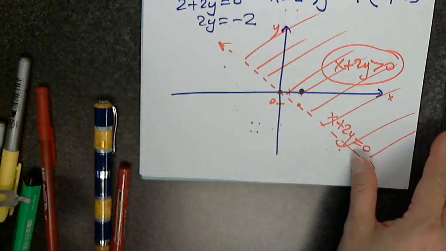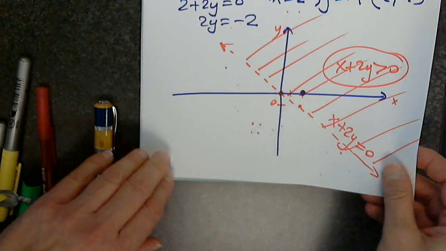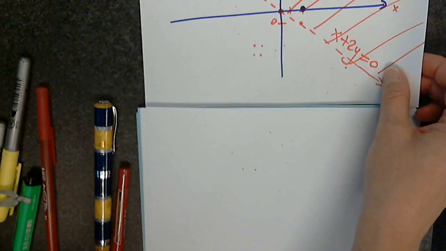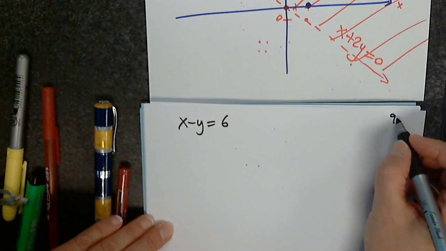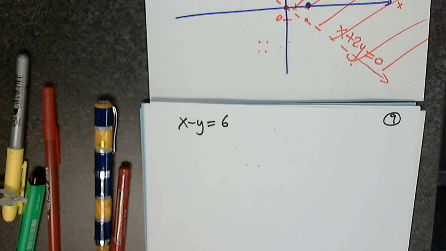Good. Exactly. So then I have to write what? Excellent. Equals 6. So then I need to determine 2 points, the intercepts.